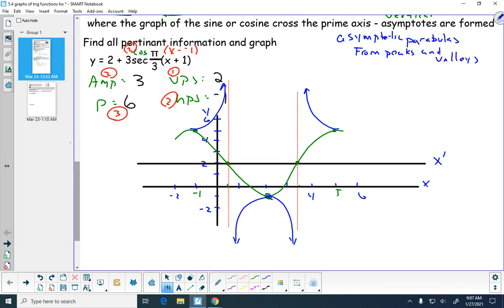We could throw in another asymptote out there at 6.5. Either way is a correct way of doing it. And then I could complete my parabola out there. I have to have symmetry, so I should have equal spacing between my asymptotes.